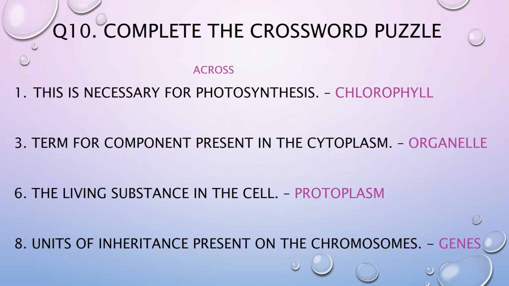Question number 10. Complete the crossword puzzle. Across. This is necessary for photosynthesis. The answer is chlorophyll. Term for component present in the cytoplasm, that is organelle. The living substance in the cell, that is protoplasm. Unit of inheritance present on the chromosomes, that is genes.